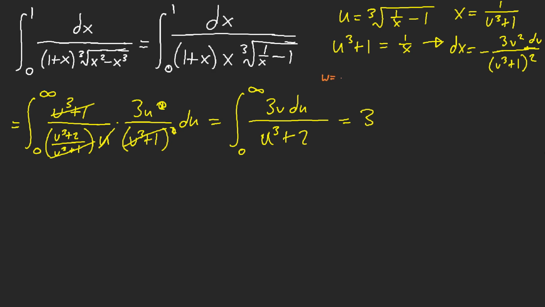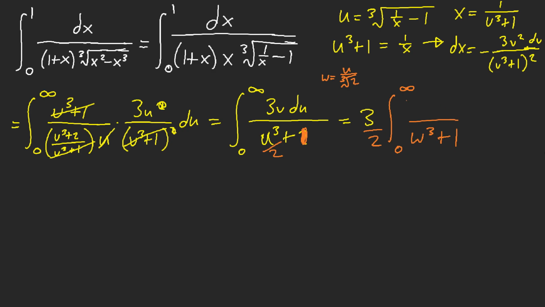Let w equal u over cube root of 2. So what I'm doing is factoring this 2 out. Okay, so this is now a 1 divided by 2. Let w equal u over cube root of 2, so that now this is w cubed plus 1, right?